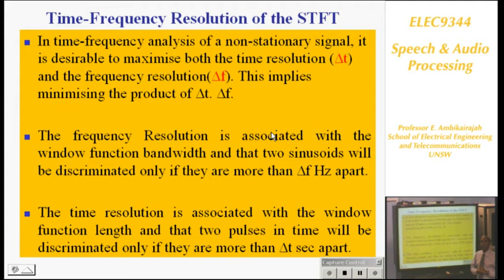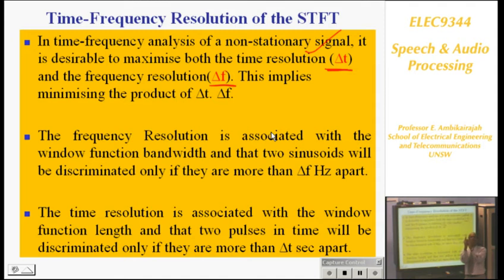So what is time frequency resolution? Now the question asked now, what's the time frequency resolution? How do I explain that? Okay, here we go. In the time frequency analysis of a non-stationary signal, it is desirable to maximize both time resolution and frequency resolution. What does that mean, frequency resolution? Is my system able to detect two frequencies that are close to each other?